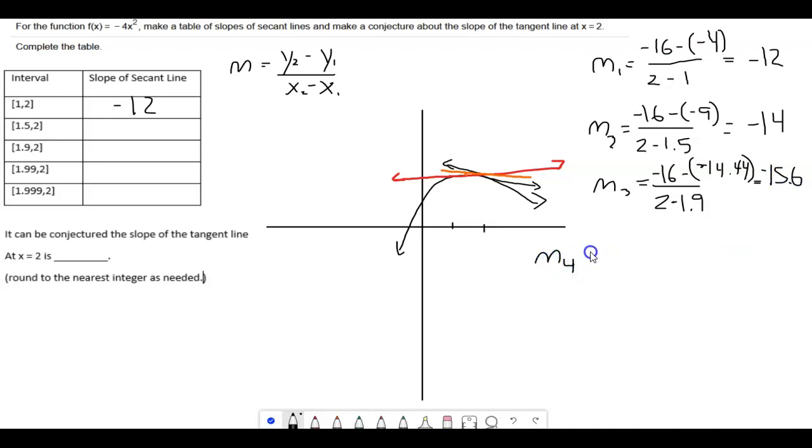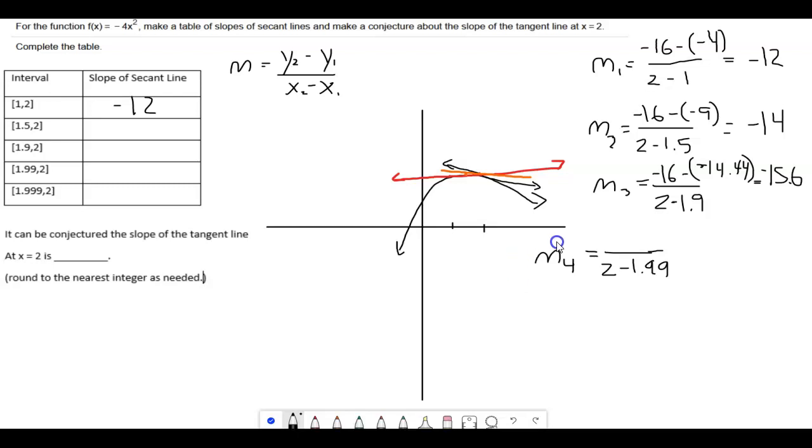Let me give myself a little more room here. So M4. On the bottom, I'm going to have 2 minus 1.99. This one might be cut a little bit short in my table, so if it is rounded, make sure you use the whole number there.